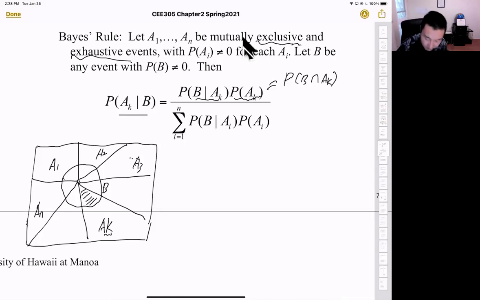Then let's look at this part, the sum of P(B given Ai) times P(Ai).